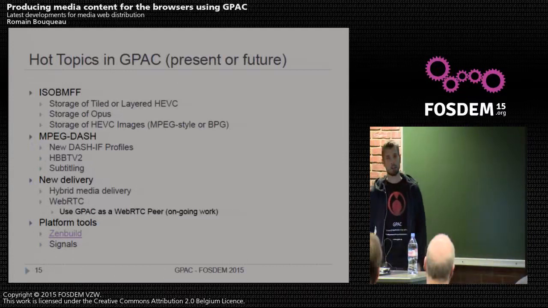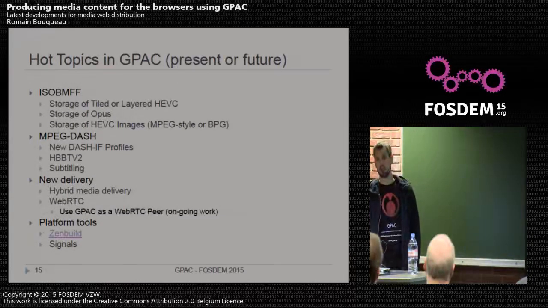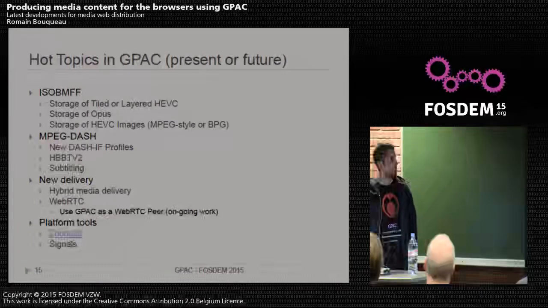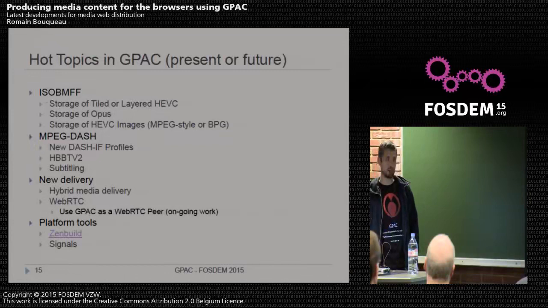So this is related to subtitles, this is related to radio, this is related to many things that are not purely video. Another thing is related to MPEG-DASH. The adaptive streaming over HTTP is currently a hot subject. So there is the DASH Industry Forum, there is HbbTV, so interactive TV, and there is the streaming of subtitles.